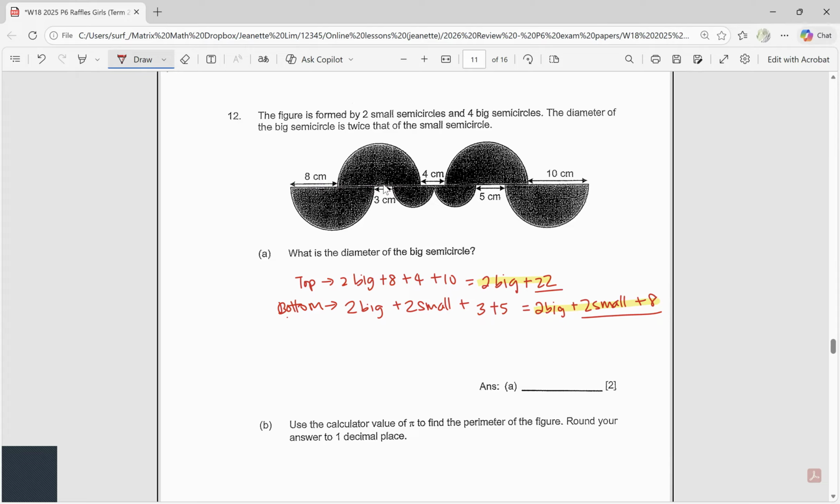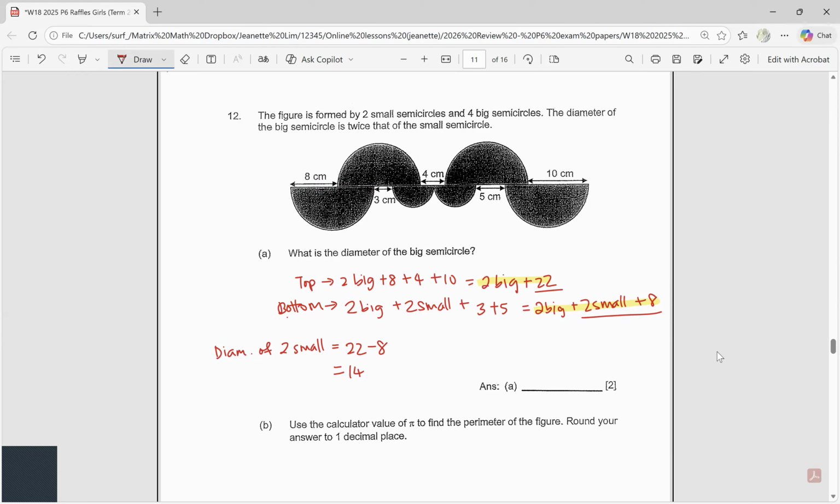If I want to find the diameter of 2 small, it would be 22 minus 8. Because if I compare these two, this 22 is the same as 2 small plus 8. So 2 small is actually 22 minus 8, which is 14.